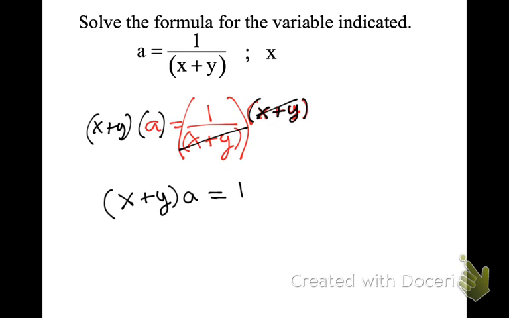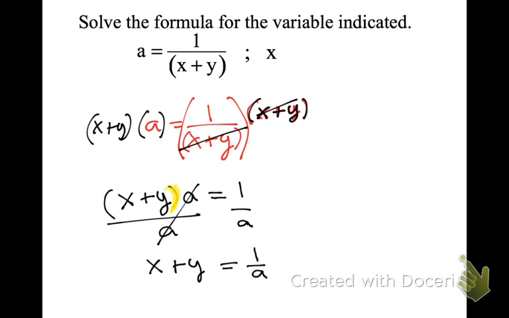Now what do you want to get rid of? Peel it like an onion, outside layer first. Rami? Minus A. No. It's not minus because the operation right here is multiplication. So what am I doing? Divide by A, and I get X plus Y. I don't need the parentheses anymore.